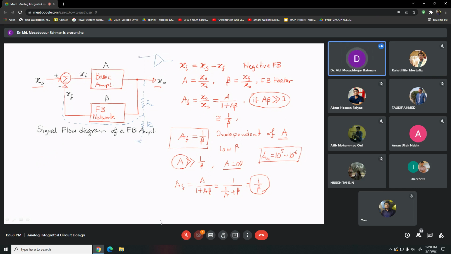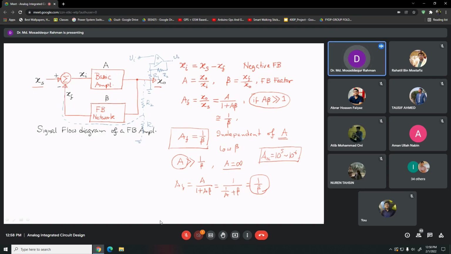If we show the op-amp like this, with negative and positive, there we show negative, then we can show it like this, R2 and R1. So this is your input signal, and this is your output.